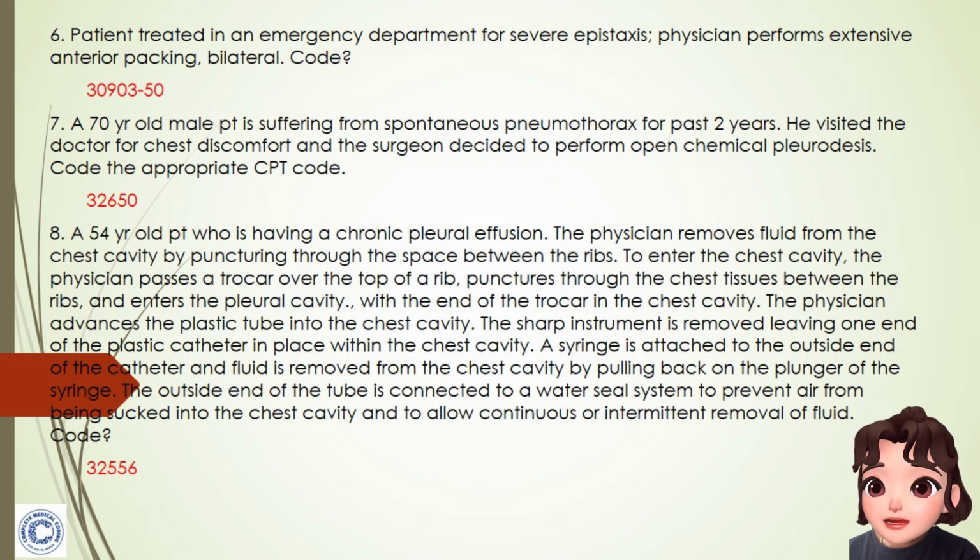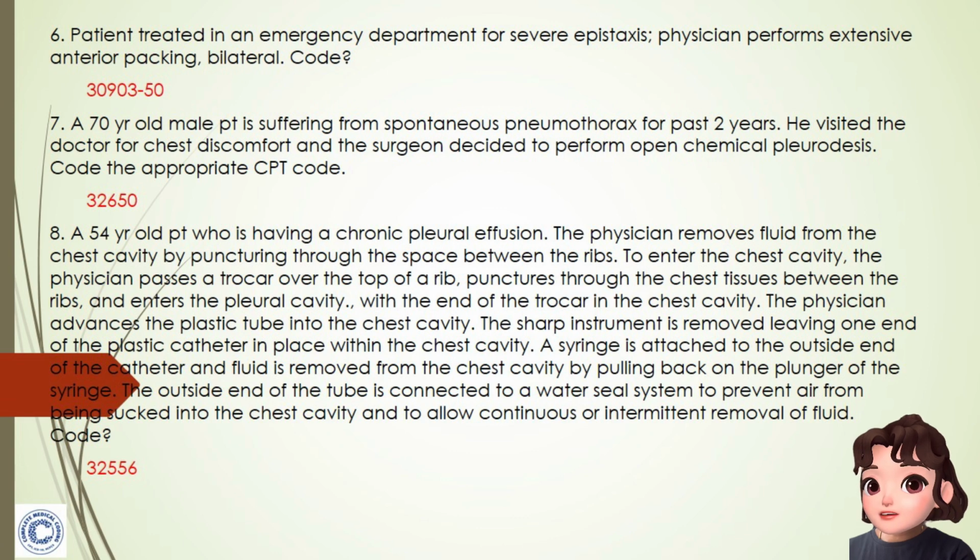The physician advances the plastic tube into the chest cavity. The sharp instrument is removed, leaving one end of the plastic catheter in place within the chest cavity. That point is also important. It means one plastic catheter is in place in the chest.